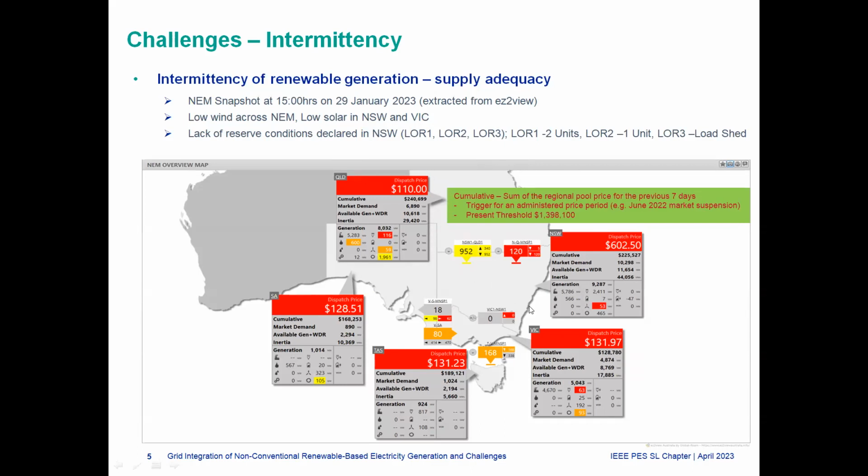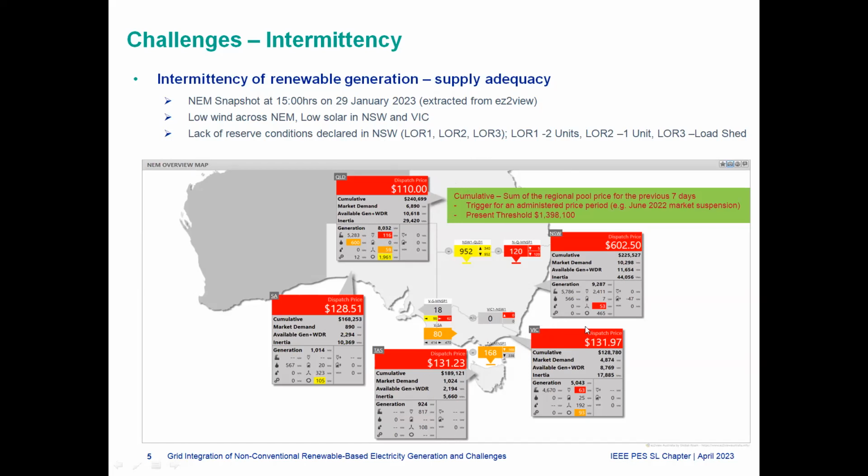Now, what you can see at the topmost end is the Queensland state, then we have New South Wales, Victoria, South Australia, and Tasmania. So they are all interconnected through transmission lines, all 5 states. And on this particular day, we have about 10, 15 gigawatts of wind generation and about a similar amount of solar generation in the whole electricity market. But on this particular day, there was very low solar.